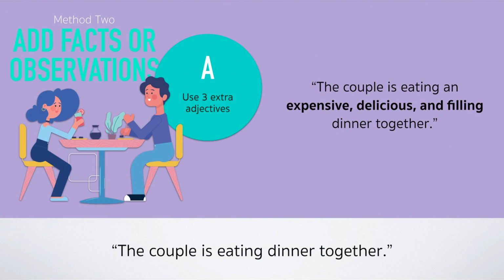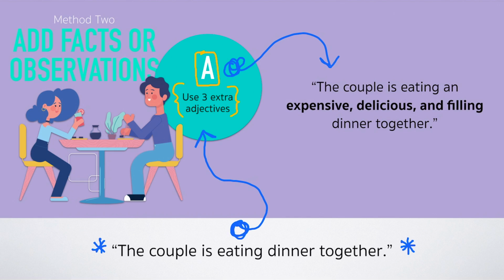Here we go. All right, so letter A is use 3 adjectives, all right? 3 extra adjectives. Now, again, the initial sentence is right here. The couple is eating dinner together. So we're going to take this, bring it on up here, add it to that, and then bring it on over here for our longer sentence.